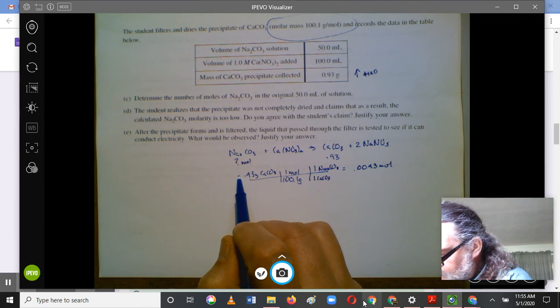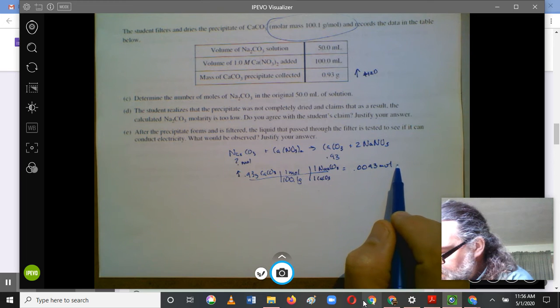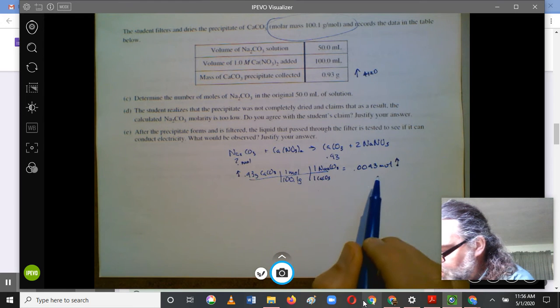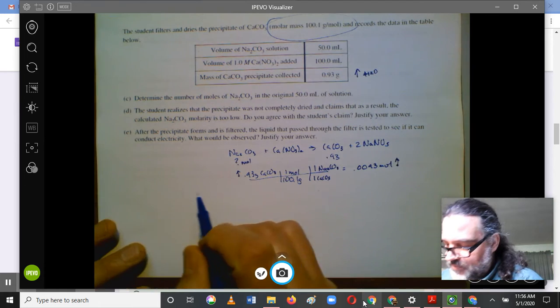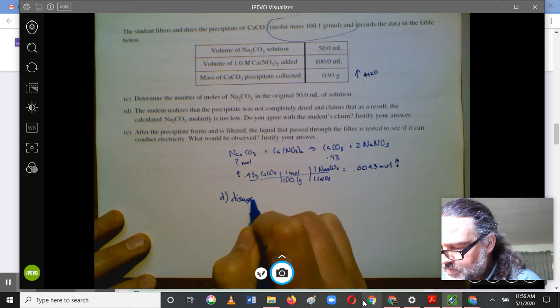So if this mass went up, what would we figure out about the number of moles? The number of moles would go up because everything is directly related. Well, if the number of moles goes up, that means the molarity would go up. And that can't be correct. So I would disagree. For D, I would disagree.